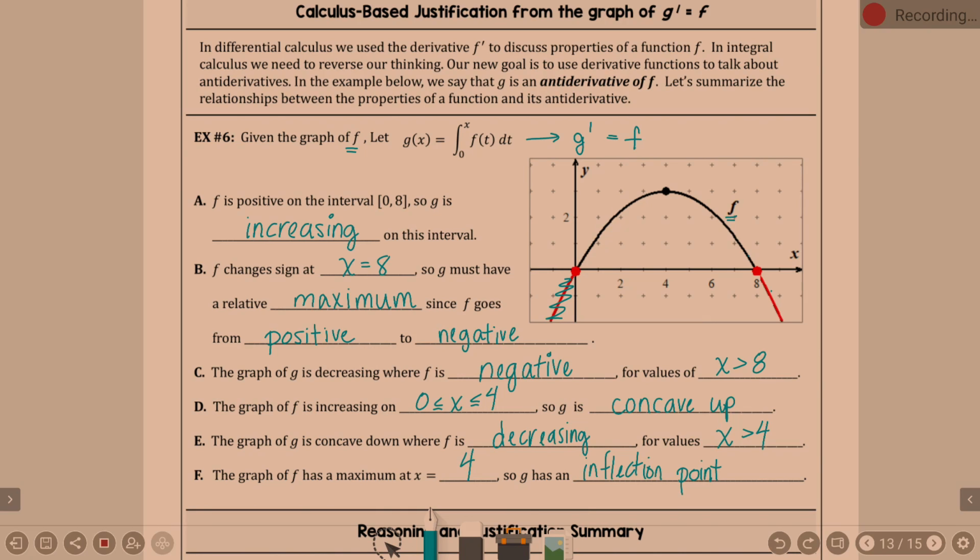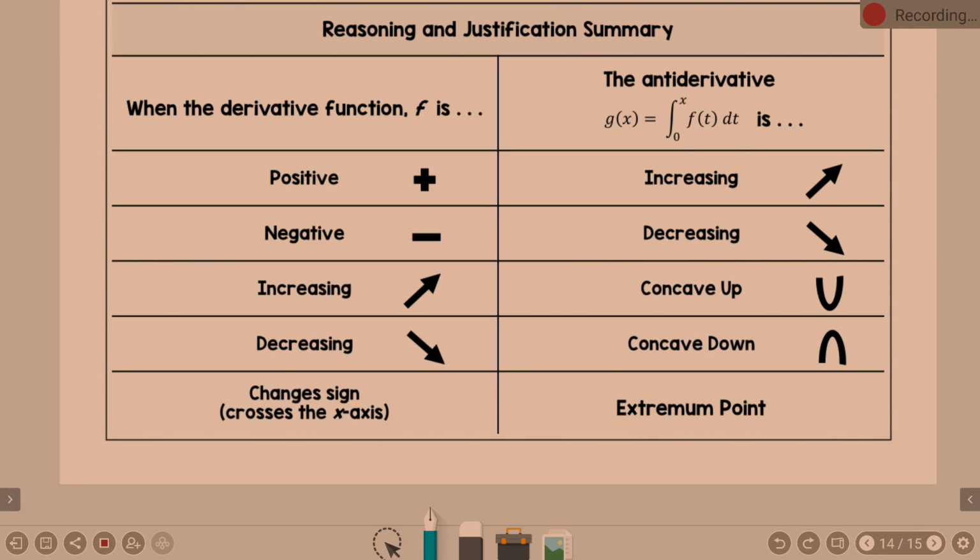Okay, on the bottom here, you guys have seen these pieces. The symbols are here again. We've used these symbols previously, but this is just kind of our connection chart. When the derivative function is positive, the antiderivative is going to be increasing.